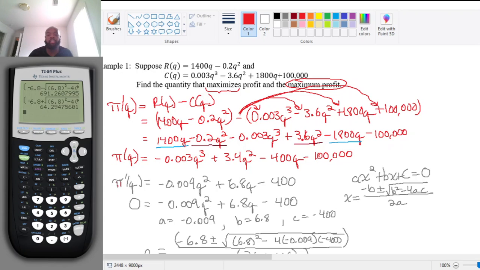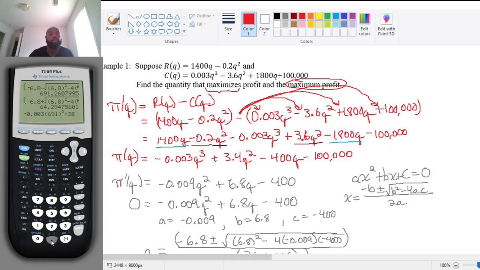But we're going to plug that into our original function, which is negative 0.003, and I'm going to put the 691 in there. So I'm given an approximation. You're not incorrect if you plug in the 691.2607995, right? You're going to get a very similar answer.